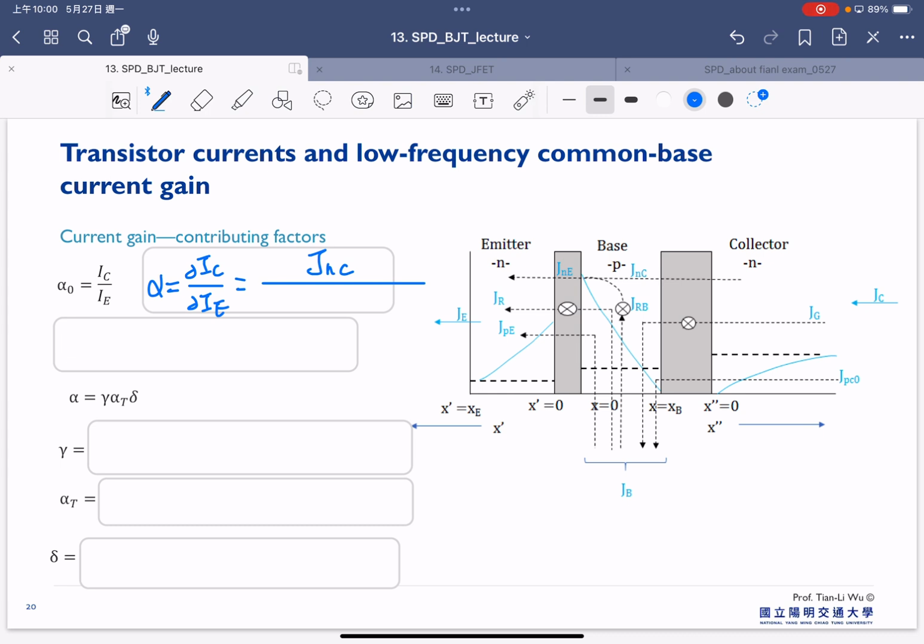If you look at the emitter current, this one is a contribution, this one is a contribution, and we also have this one as well. So it's now very clear that the emitter current is the combination of these three.